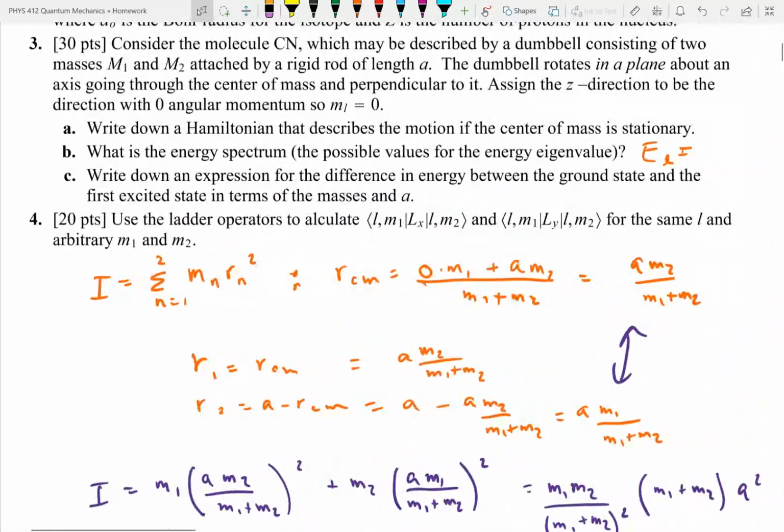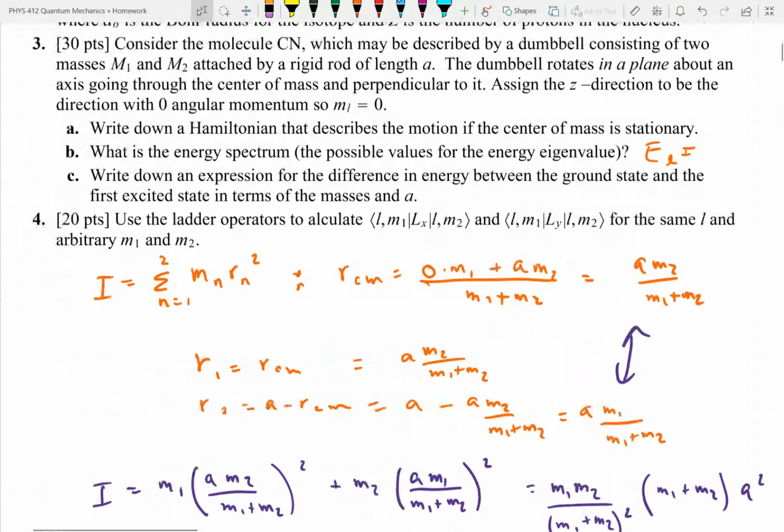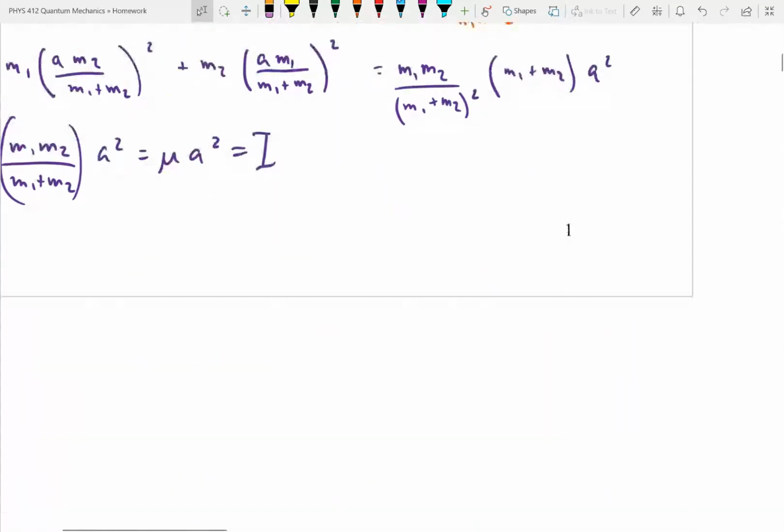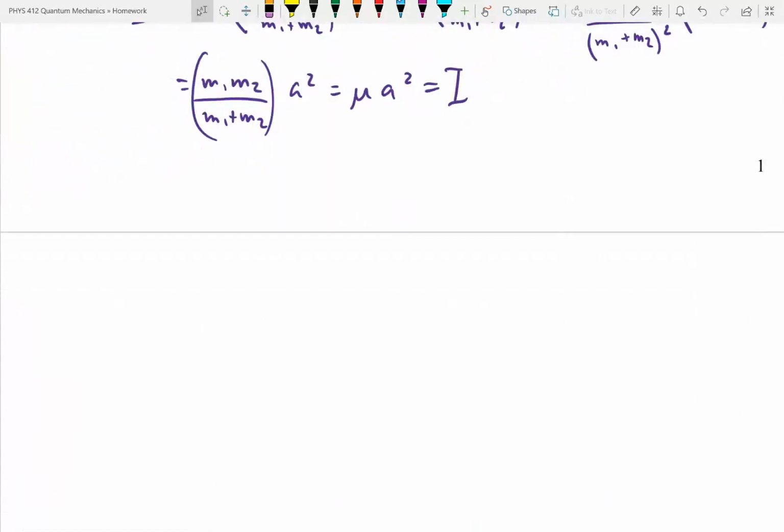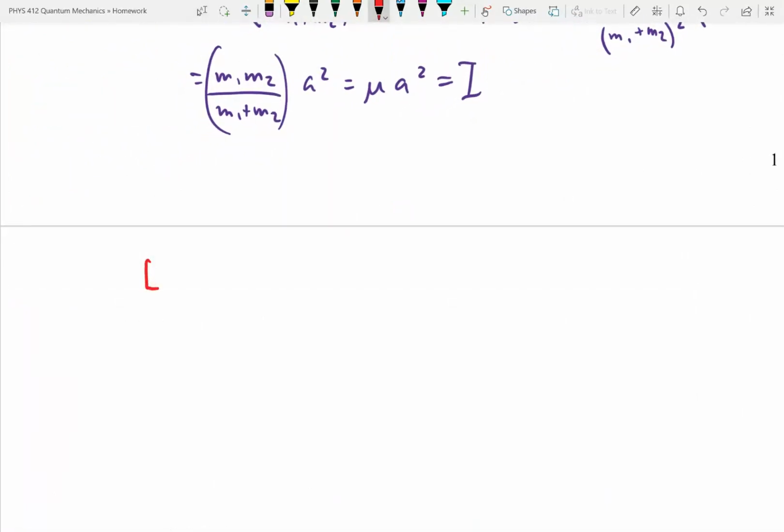So for this problem, are we just taking L, M1, L, M2, and then when we calculate the values, that's when we get the Lx and the Ly? Is that what we're essentially doing? What you're doing, I had it here, of course, before and then erased it. You know that L plus is equal to Lx plus iLy.